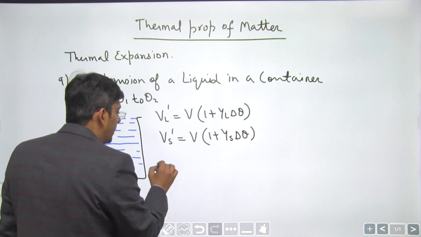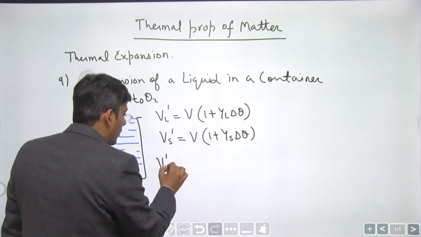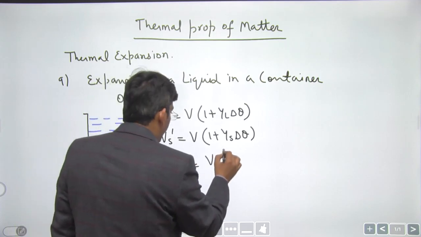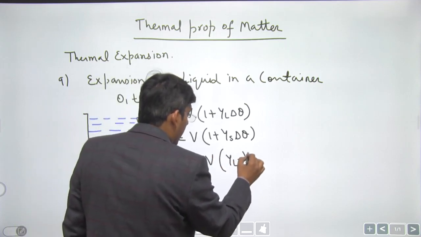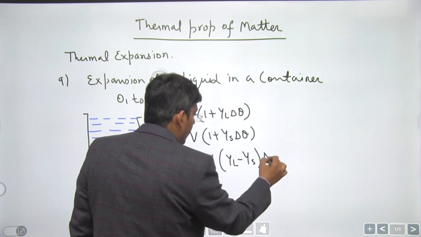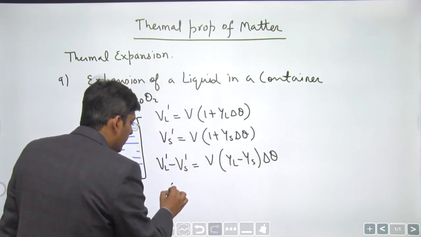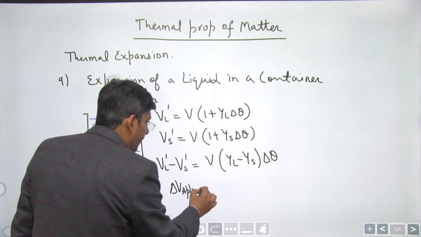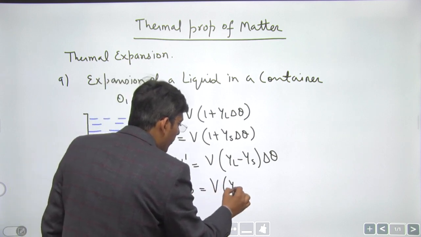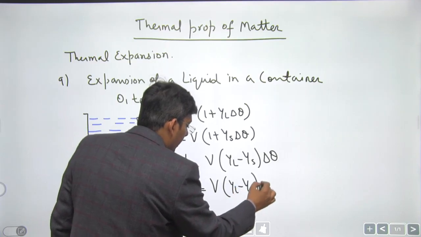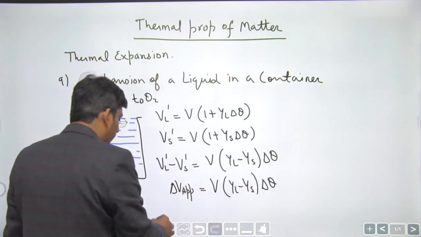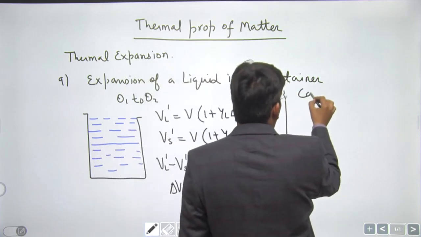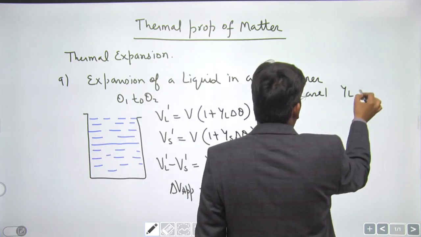So let us now calculate the difference between the new volume of liquid and new volume of container, which is given by V times gamma of liquid minus gamma of solid into delta theta. So this is actually the apparent change in volume, which is V times gamma of liquid minus gamma of solid into delta theta.